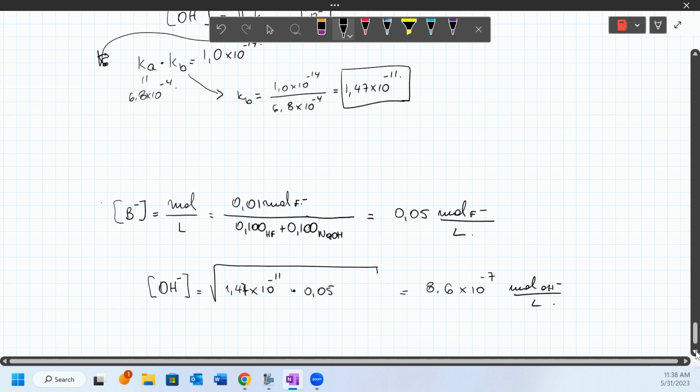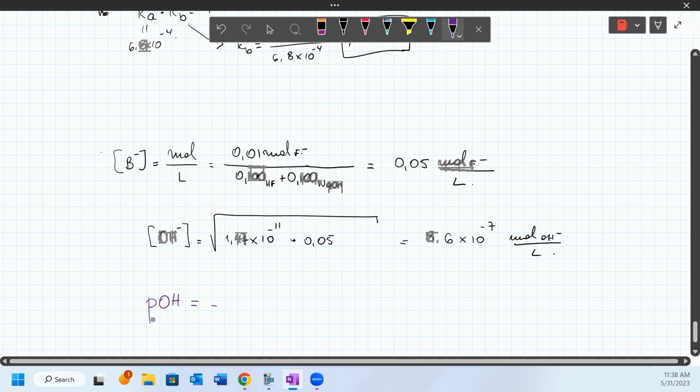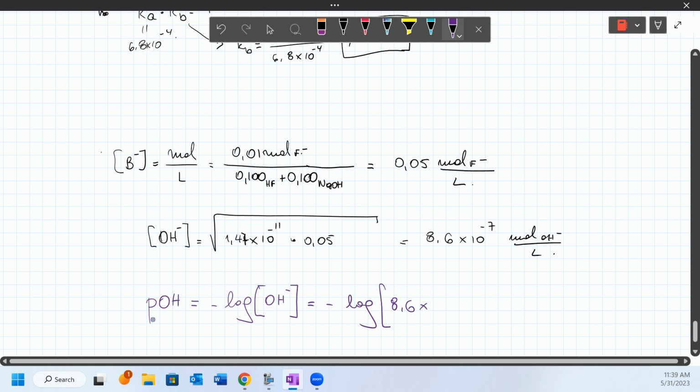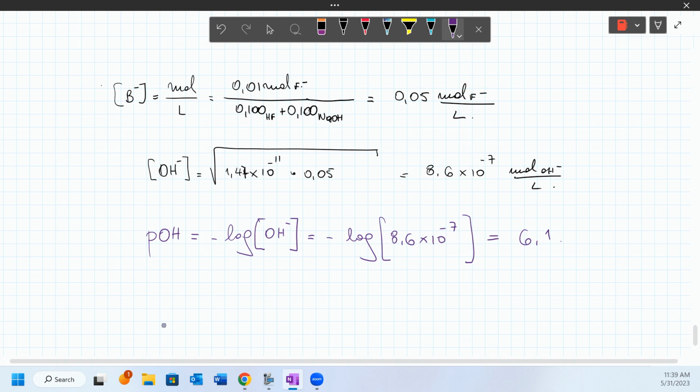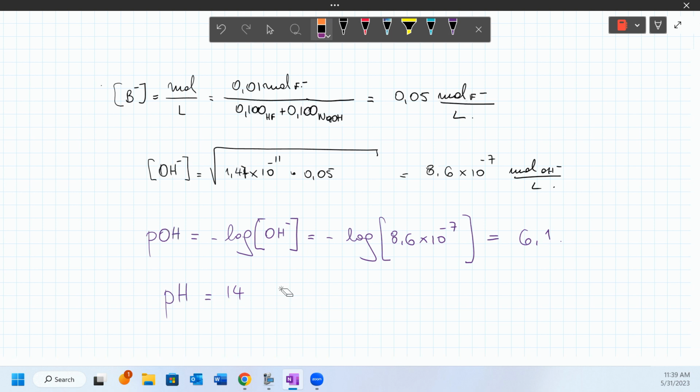Now that we know the concentration of OH, we can calculate the pOH as negative log of 8.6 times 10 to the power of negative 7, which is, based on my calculations, 6.1. If we are looking for pH, we use the fact that pH is 14 minus pOH, equal to 14 minus 6.1, equal to 7.9.